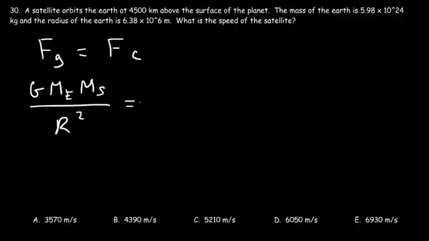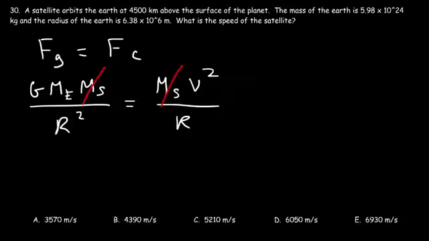The centripetal force is acting on the satellite, not the Earth, because the satellite orbits the Earth. So the centripetal force is mv squared over r, where m is the mass of the satellite, v is the speed of the satellite, and r is the same as this r, the distance between the two centers of the two objects. That's what I meant to say.